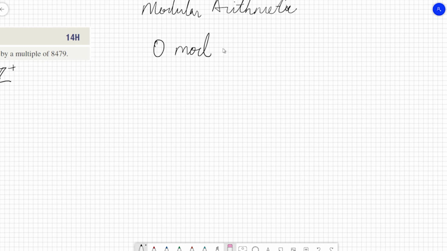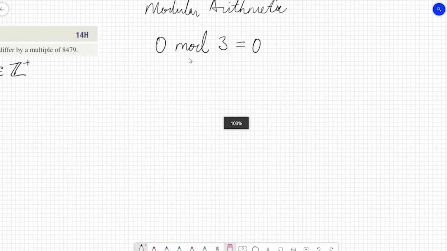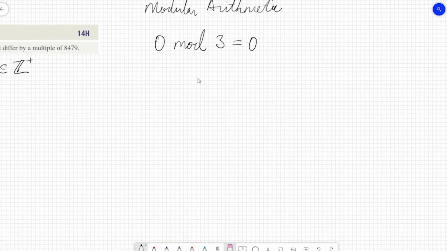So 0 mod 3 equals 0, because 0 divided by 3 gives no remainder. 1 mod 3 gives 1, because 3 goes into 1 zero times with remainder 1. 2 mod 3 gives us 2, and 3 mod 3 gives 0, because 3 divided by 3 has no remainder.